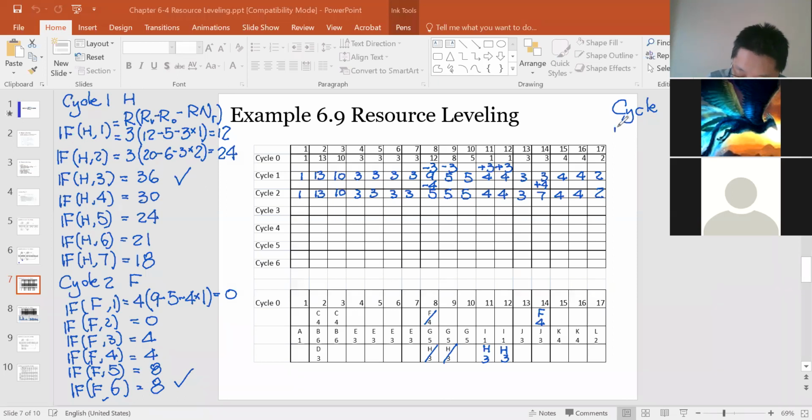So I need to analyze C for 1, C2, C3, C4, and then D1. When C is moving, D is not moving.